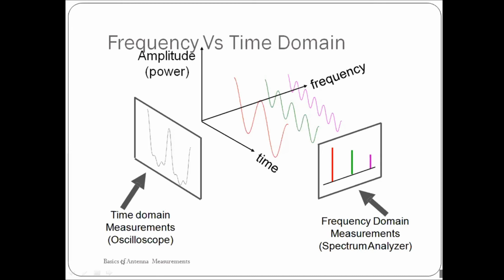Second means FC plus 2FM, FC minus 2FM, then FC minus 3FM, FC plus 3FM, like that it goes on for all the sidebands, right? So you have a left sideband and also a right sideband. You have an upper sideband and lower sideband in addition to the carrier signal. So a number of frequency components would be present.